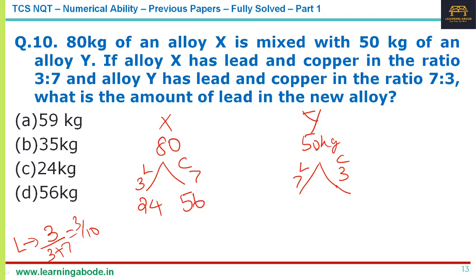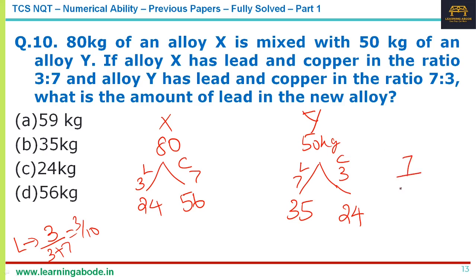Now, when it comes to alloy Y, 50 kg, lead would be 7 out of 10, that will be 35, and copper would be 3 out of 10, that will be 15. Here, how did I write that 35?